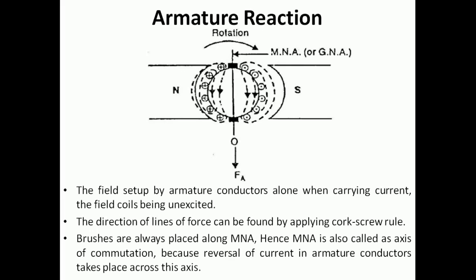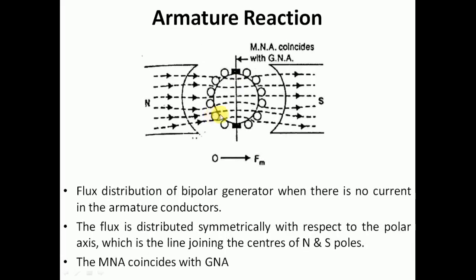The direction of armature MMF is identified by considering a system with armature flux alone, and the direction of main field MMF is identified by considering a system with main field alone.